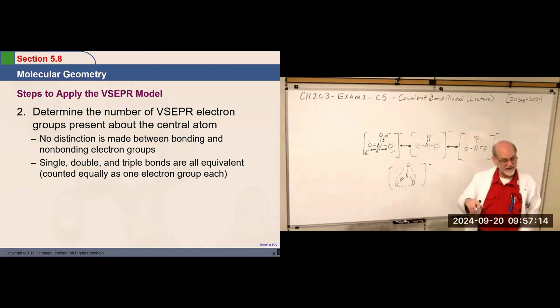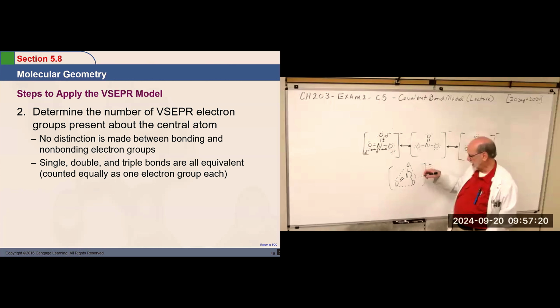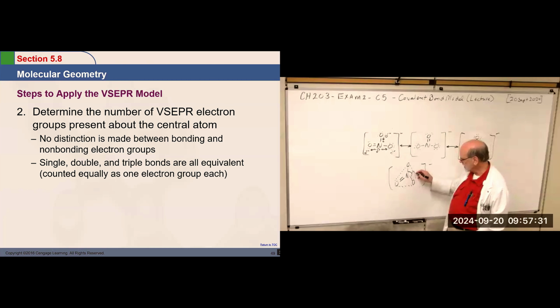When we look at the bond angles right here, what's the internal angle? How many degrees would you go all the way around? 360, right? So a third of 360 is 120. Each one of these bond angles is 120 degrees.